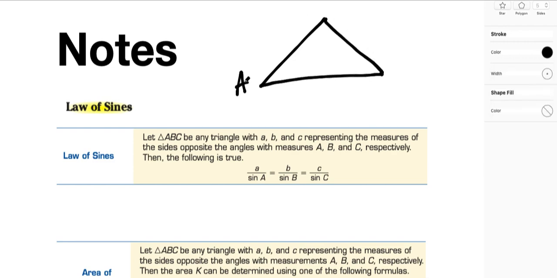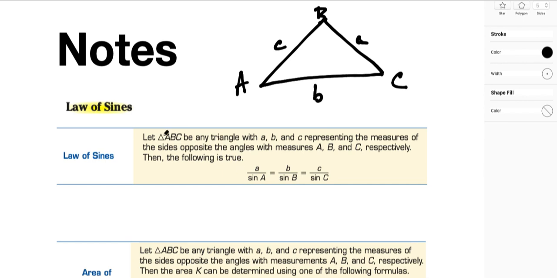When we talk about this generic triangle, we're going to call the angles A, B, C and the sides opposite them lowercase a, lowercase b, and lowercase c in accordance with the angle names. The law of sines gives us this relationship.